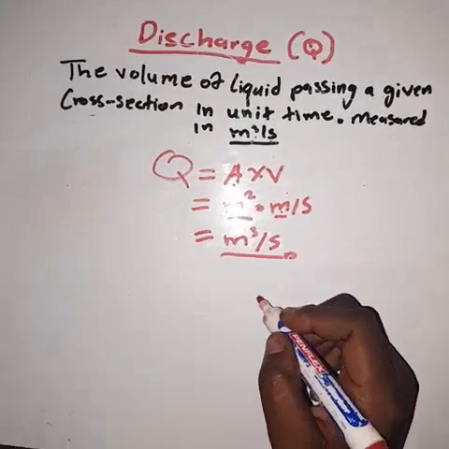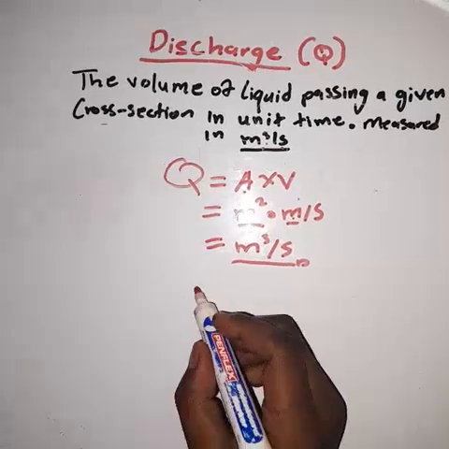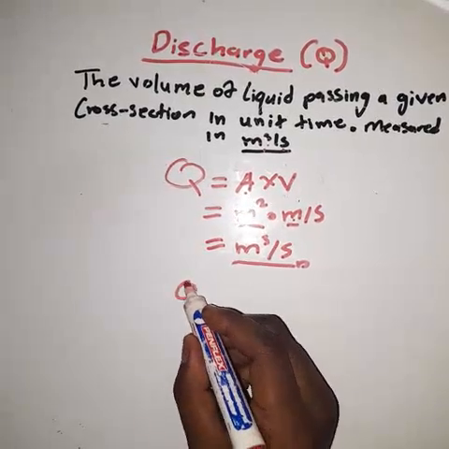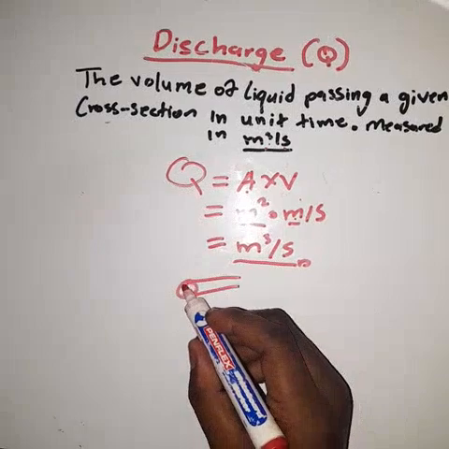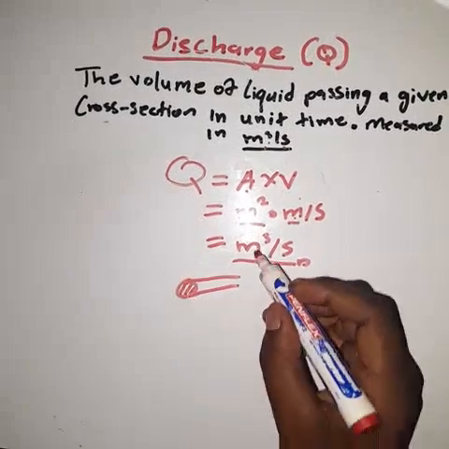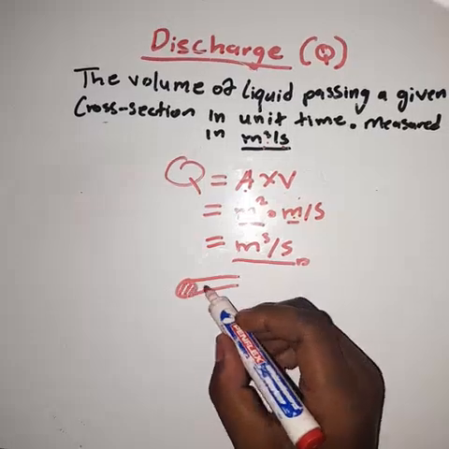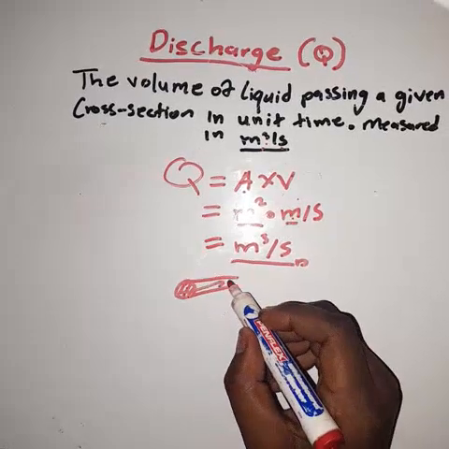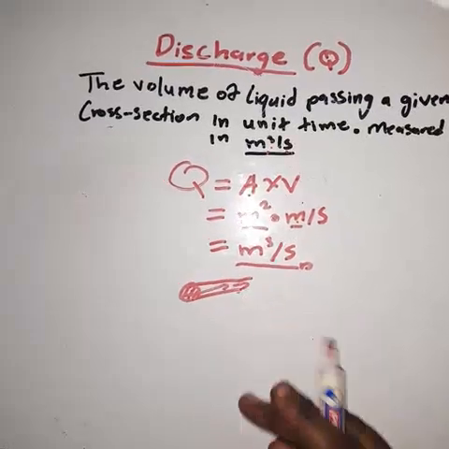So in such a case, if we are given a pipe, we focus on this cross section. The area will be of the cross section, and then v is the velocity of the fluid.